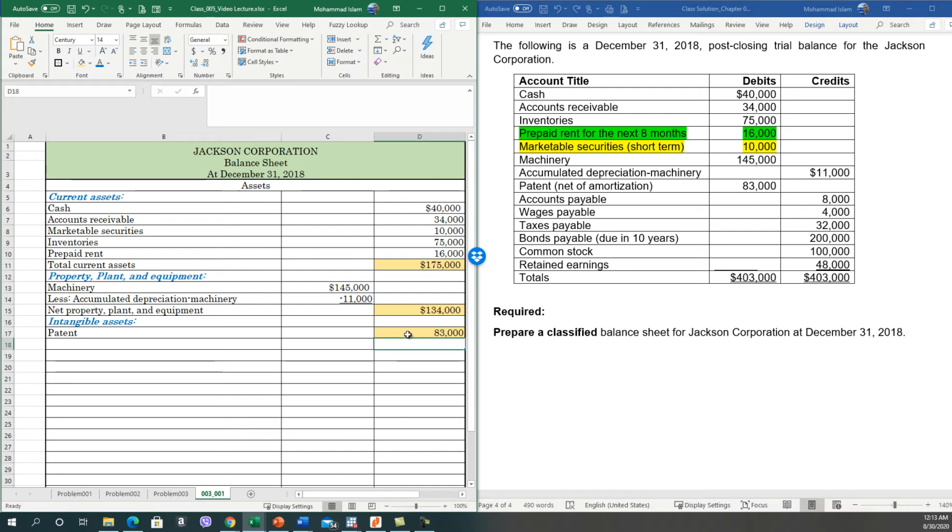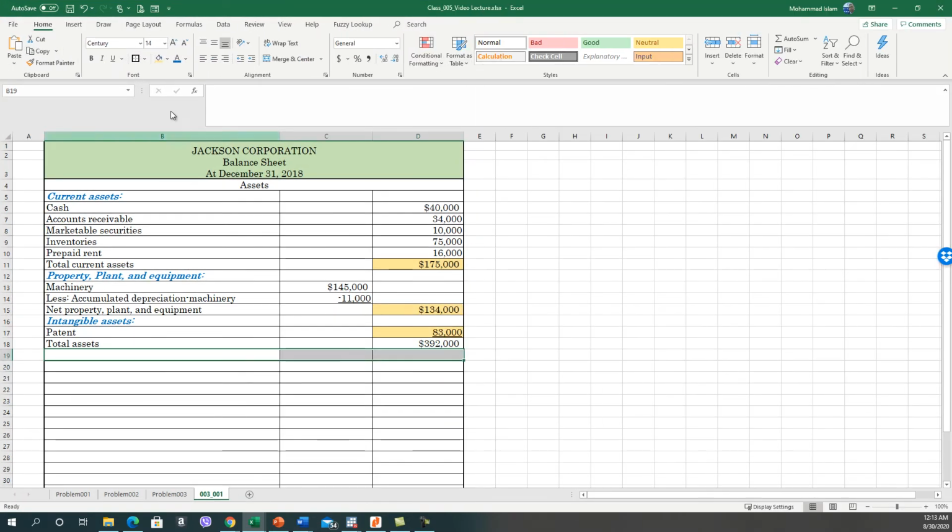Now I'm using the underline, and let's sum all of these with auto sum. This one is our total assets. Now let me merge and center.